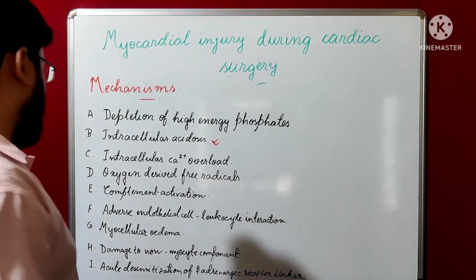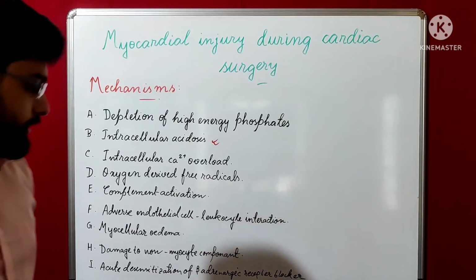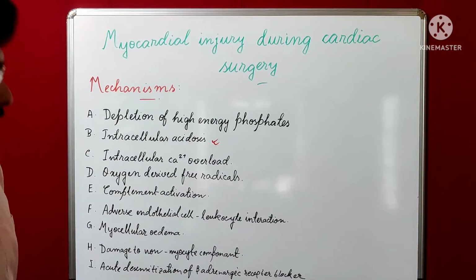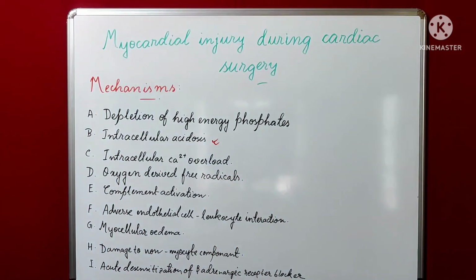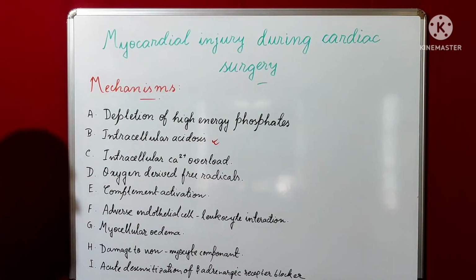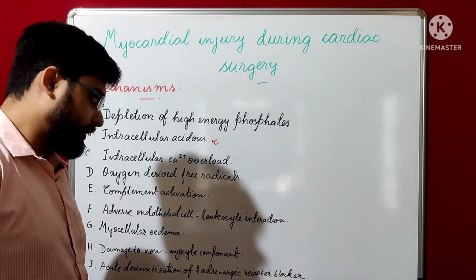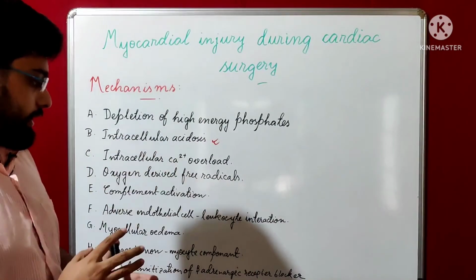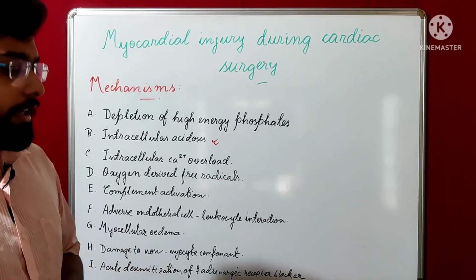The last point is acute desensitization of beta-adrenergic receptors. It occurs as a part of ischemia reperfusion injury, and acute desensitization and dysregulation of beta-adrenergic receptors of myocardium cause low cardiac output syndrome after cardiac surgery. If the sensitivity of beta-adrenergic receptors is reduced, what will happen?